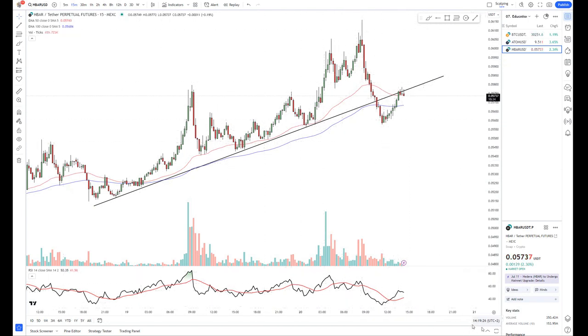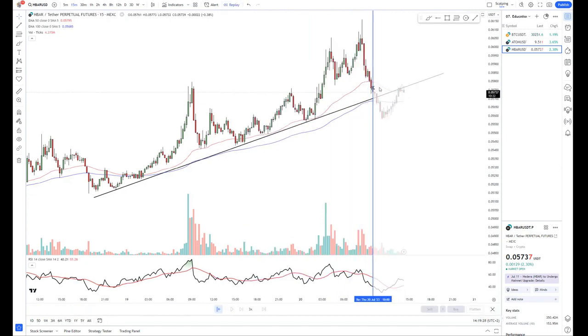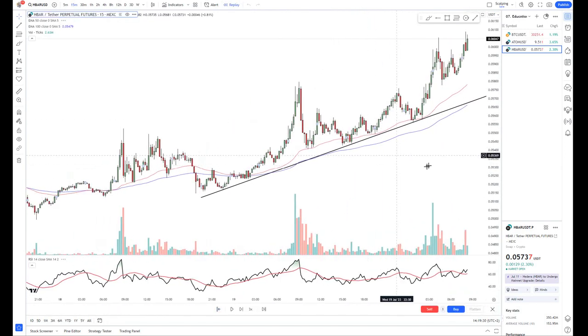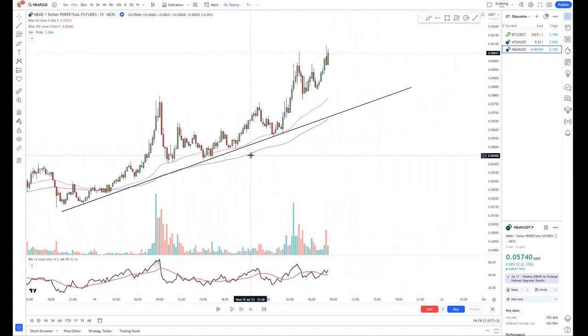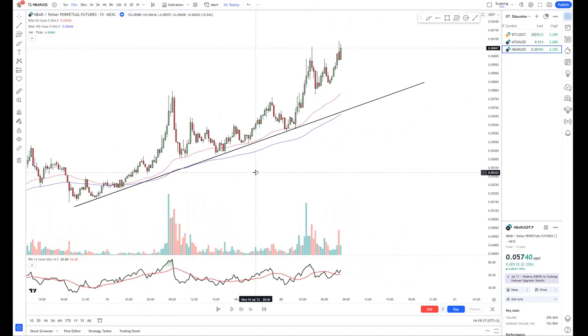Let's have a replay to here. So this is another example, and this will be an example of a breakdown, sorry, to the downside, which will result in a possible short trade.